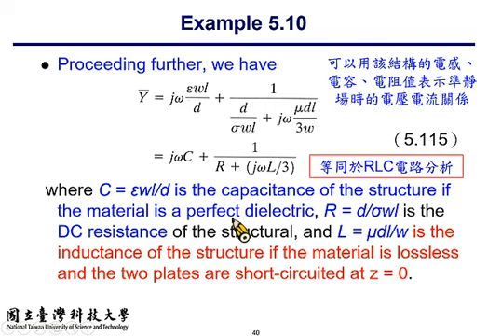So it can be equivalently represented by a circuit made of lumped circuit elements. That is using the R or C component to represent the impedance or admittance variation in this circuit.